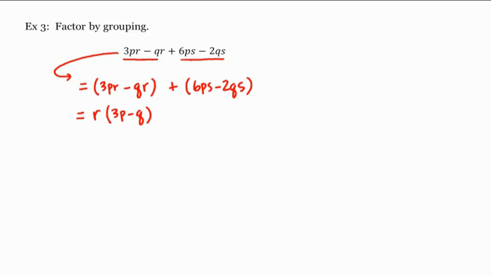Now remember, our hope is to get the same binomial left over in the second grouping. If we pull out a 2s, we'll be left with that same binomial, won't we? 3p minus q. So let's do that. So we have plus 2s times 3p minus q.